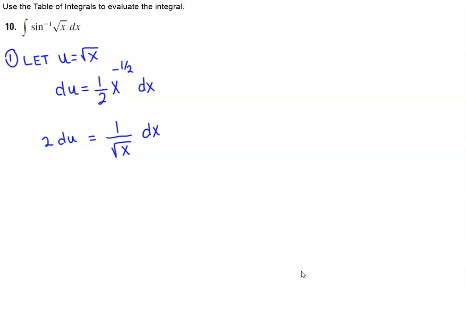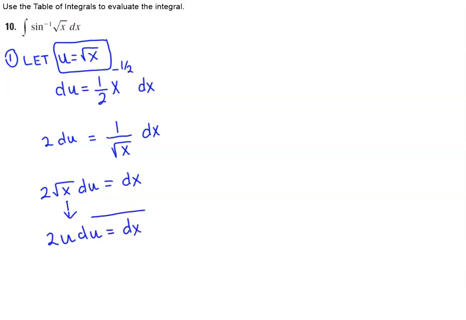And to solve for dx, we have 2 times the square root of x du, which is equal to dx. Okay, so we know this is what u equals, right? So that means we're going to have to substitute this square root of x to be u. So 2u du is going to equal dx.